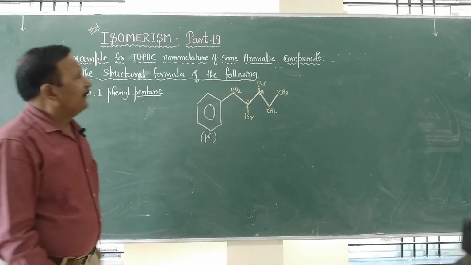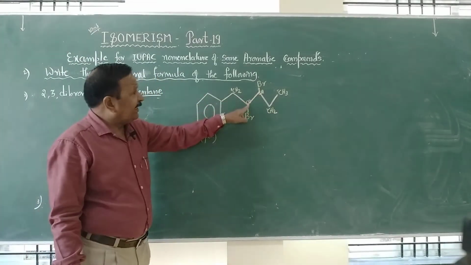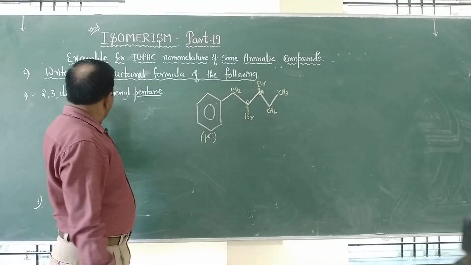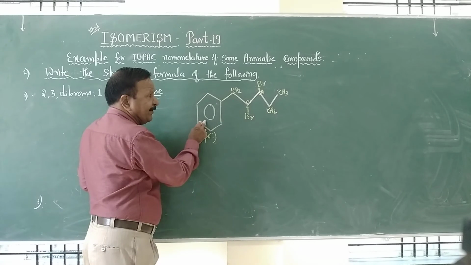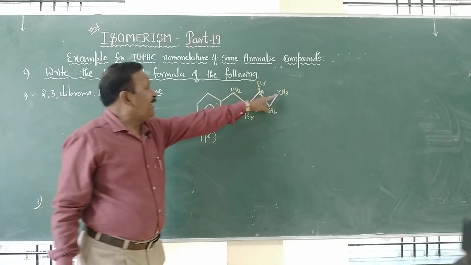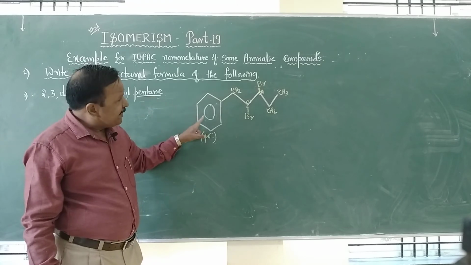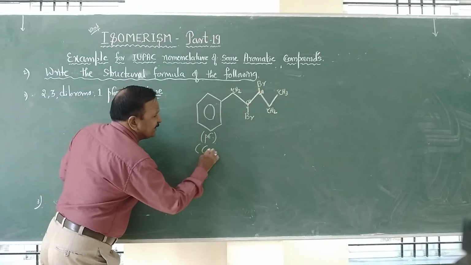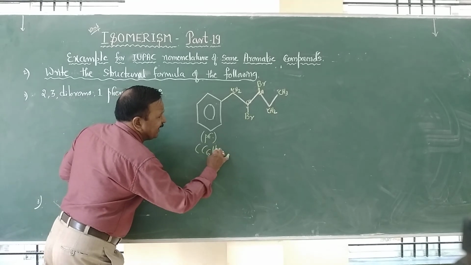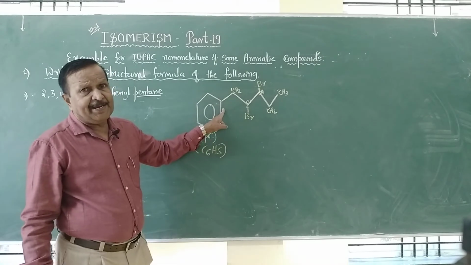So 2,3-dibromo-1-phenylpentane. The parent compound is pentane. So the meaning is this C6H5 group, that is the phenyl group, is attached to pentane.